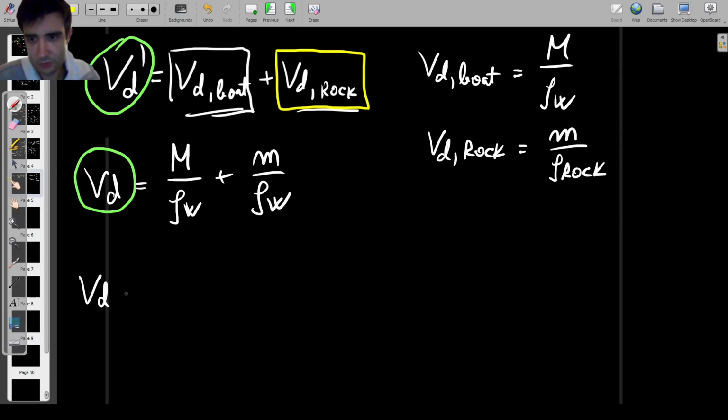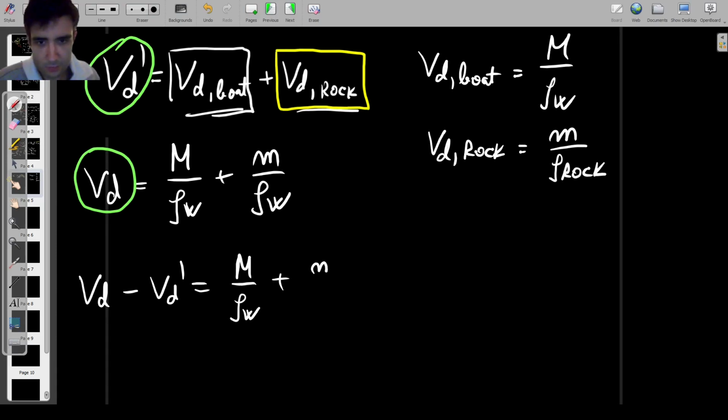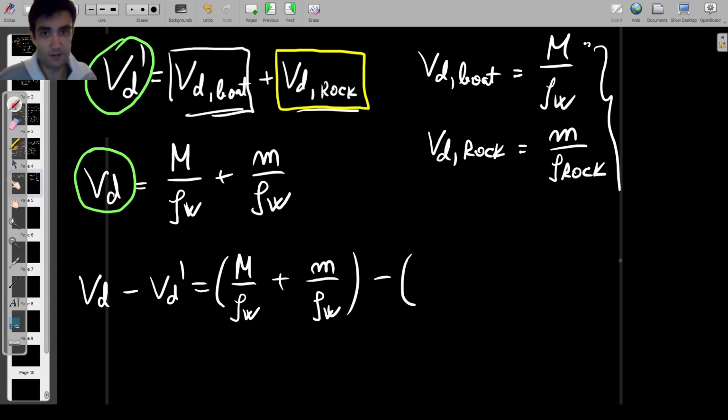I'll do Vd minus Vd prime, just taking the difference of the two terms. So this is capital M over rho w plus small m over rho w. So this is Vd, and I'm going to subtract Vd prime. Vd prime is those two terms added together: capital M over rho w plus small m over rho rock.